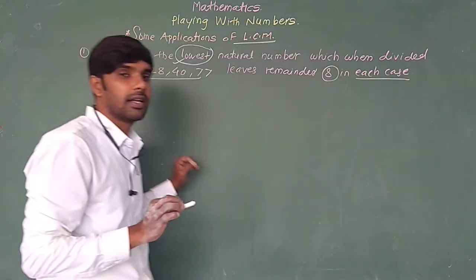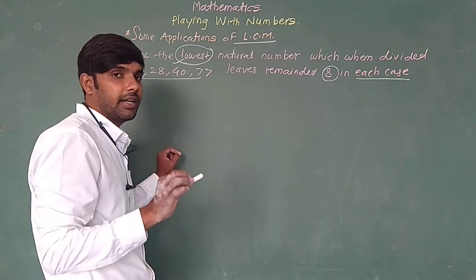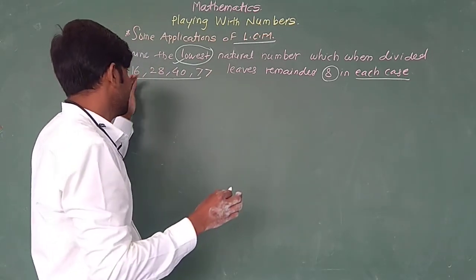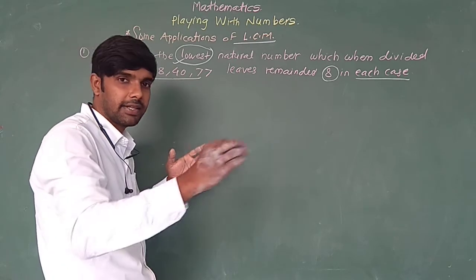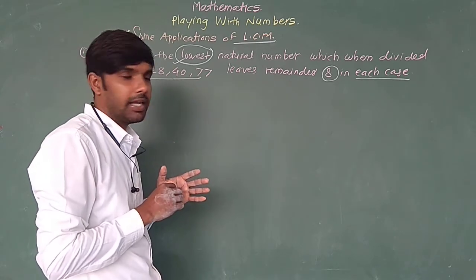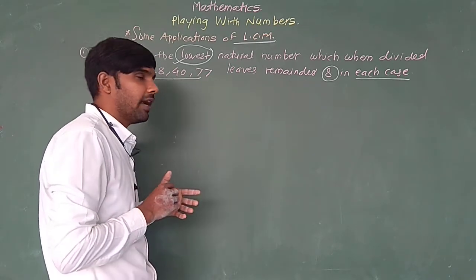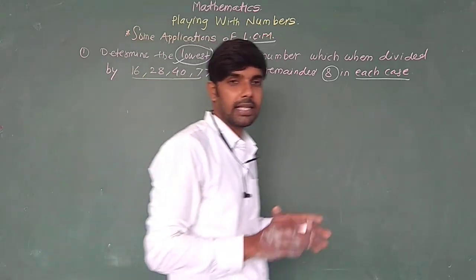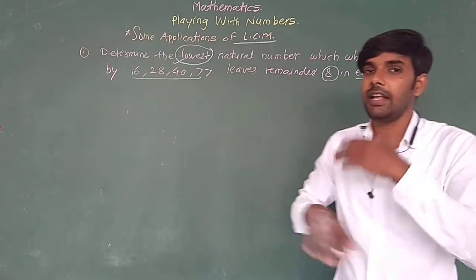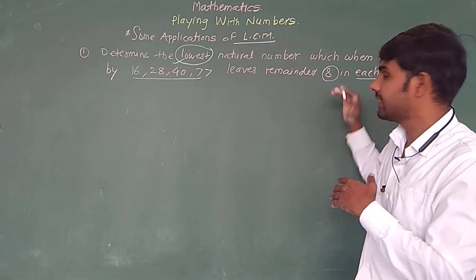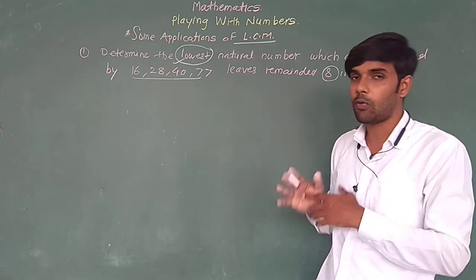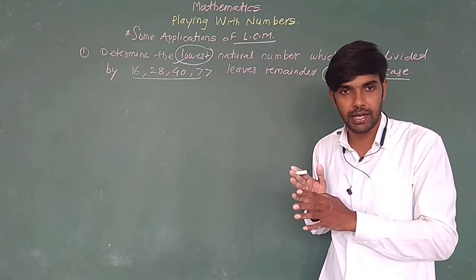Each case means the remainder is 8 when we divide the given number by 16, 28, 40 and 77 separately. That means here we have to find out LCM first, LCM of these four numbers, and we have to add 8. LCM is what? Lowest common multiple.